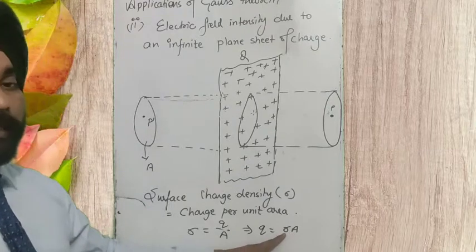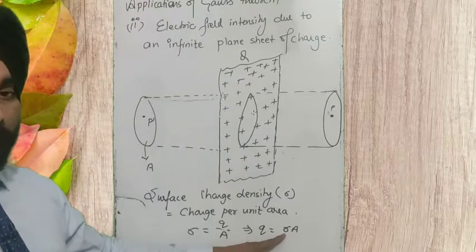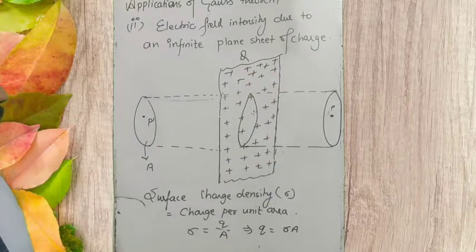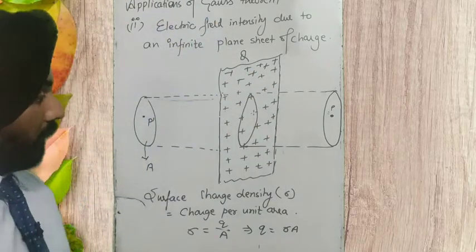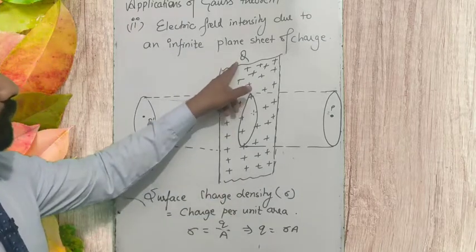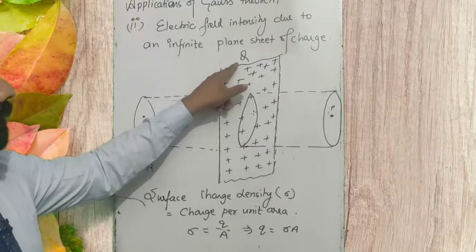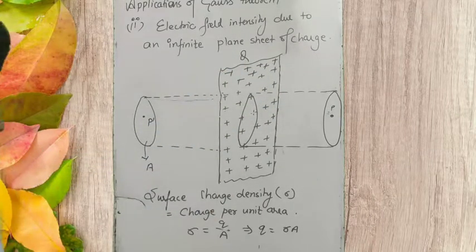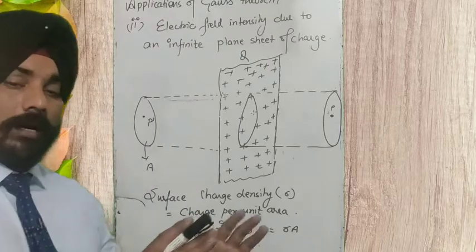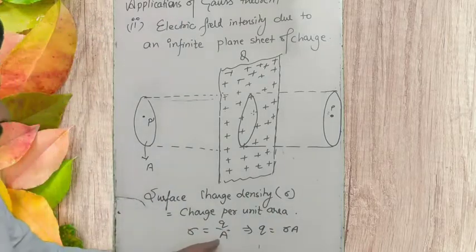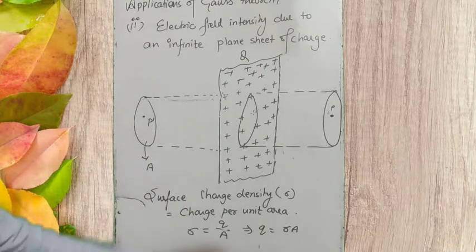Here sigma is the surface charge density, charge per unit area of the sheet. If the whole sheet has area small a, and the total charge given to it is capital Q, then Q upon small a is the surface charge density, and it is uniform over the whole sheet.